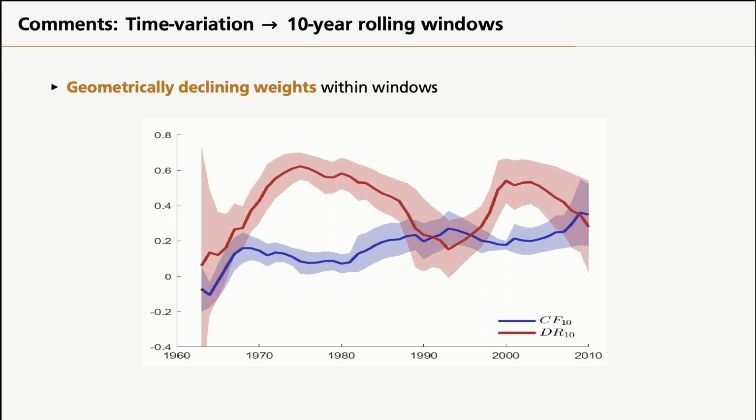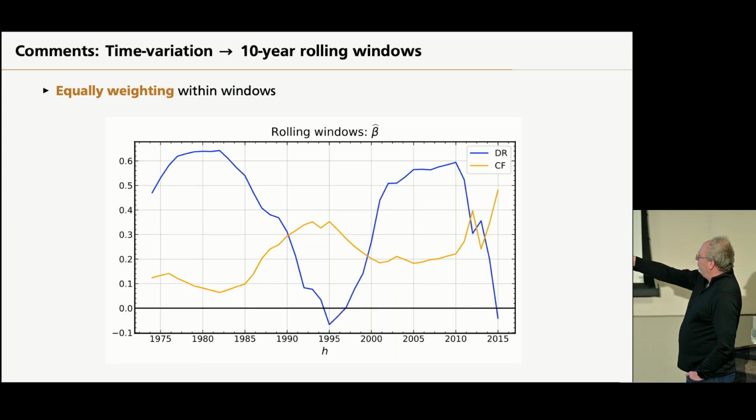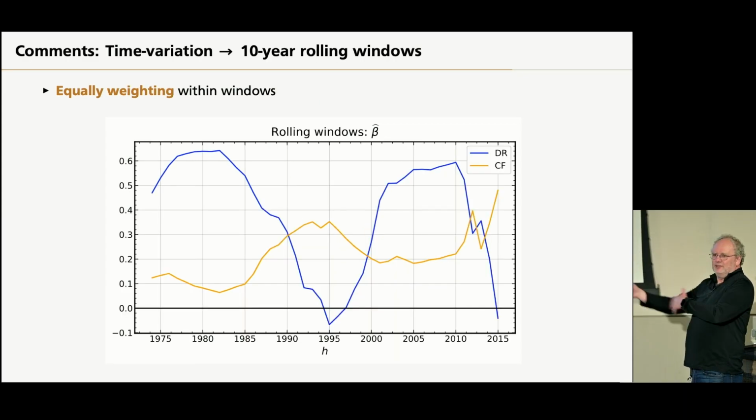However, within windows, the weights are declining geometrically. If you do this with equal weighting, so in each window you equal weight, then you get a slightly different picture. There's really significant time variation, and from 1990 to 2000, you actually get the opposite effect.